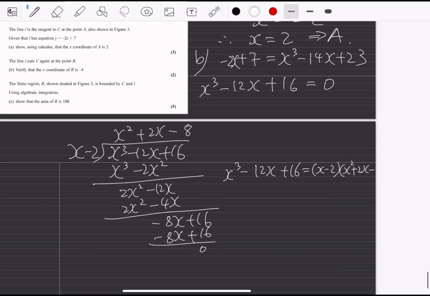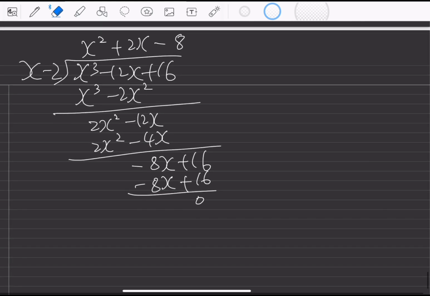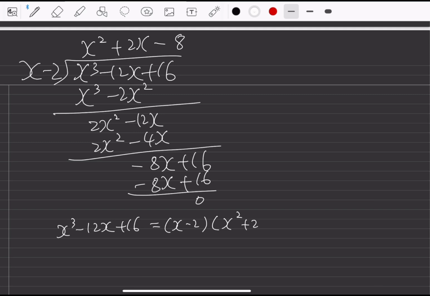Let's just write this properly. x cubed minus 12x plus 16 can be written as x minus 2 times x squared plus 2x minus 8. And for x squared plus 2x minus 8, we can factorize it and make it equal to 0.